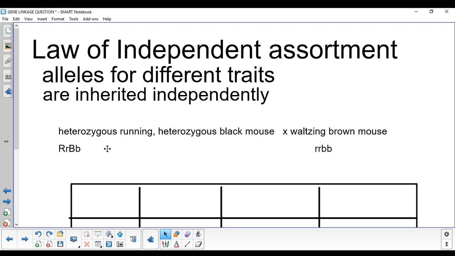So if we were to cross a heterozygous running, heterozygous black mouse with a waltzing brown mouse, what I want you to do on a separate piece of paper is to do the Punnett square.